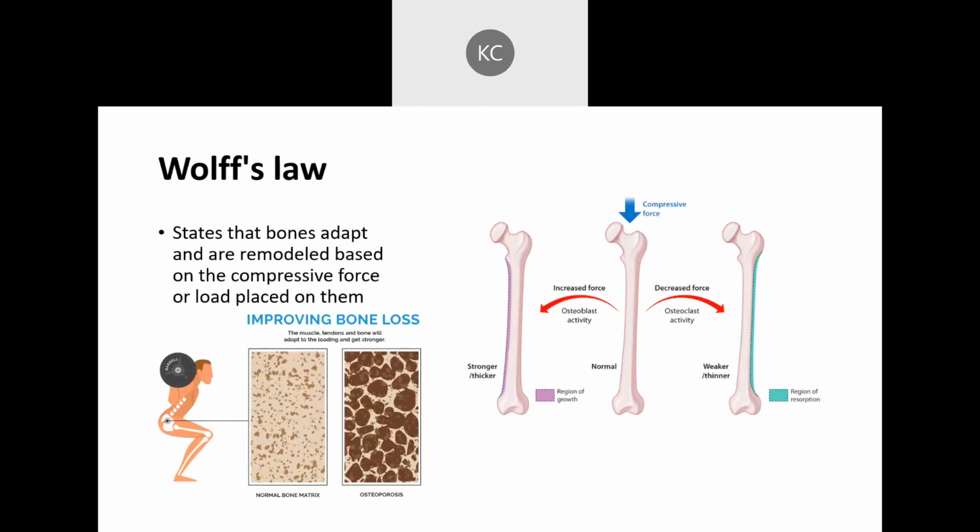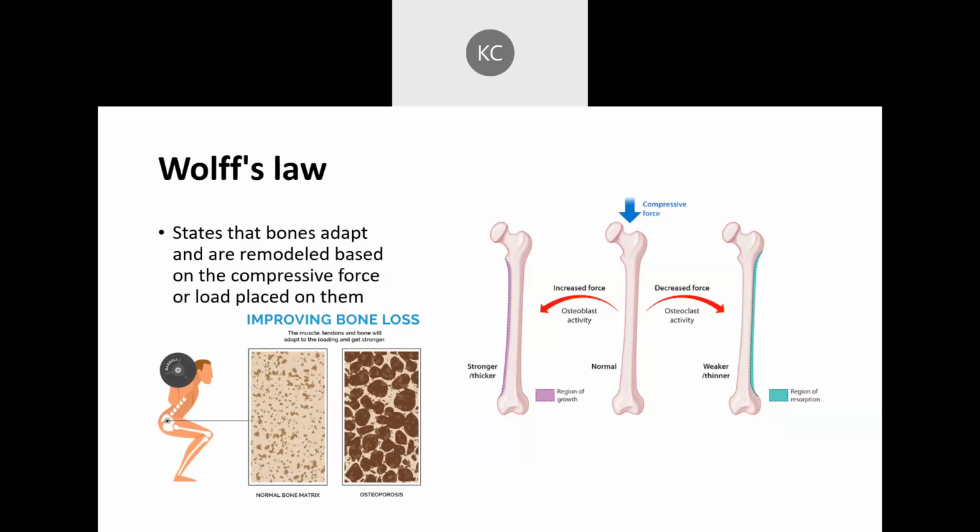The same thing is true if you are not as active. Say you're not walking around a lot, not putting a lot of compression and force on your bones: the osteoblast activity goes down, the osteoclast activity increases, and we start pulling from the bone.